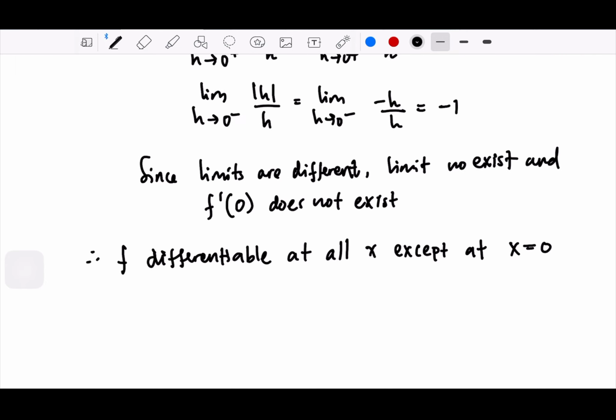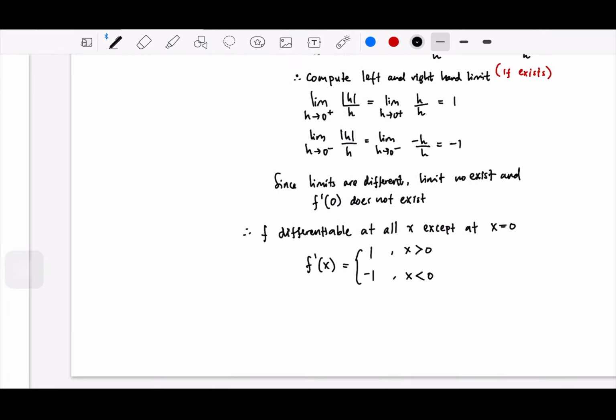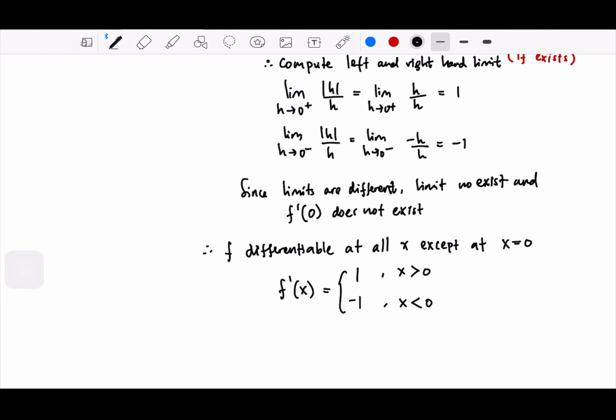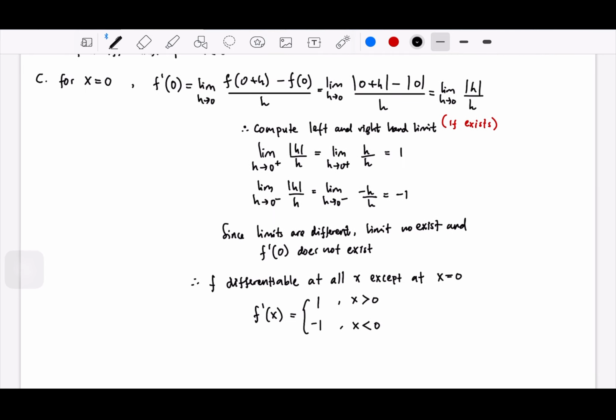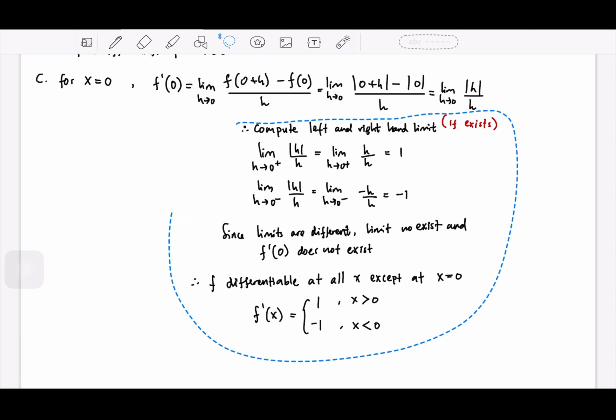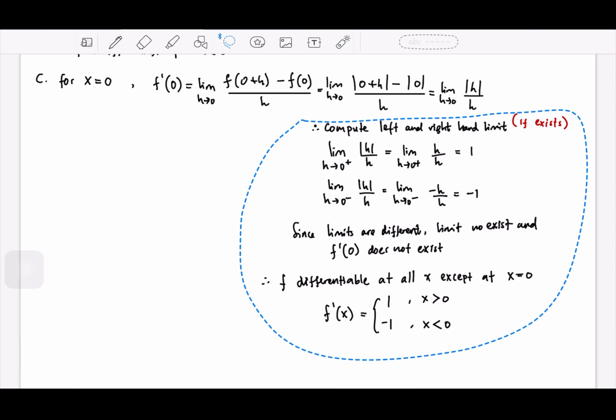So we can also write it in terms like f prime of x. This will be 1 and negative 1. This is if x is positive. This is if x is negative. Let me move a little bit to the right so I can make a picture in here.